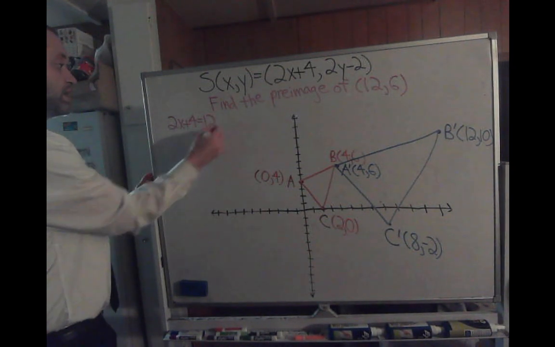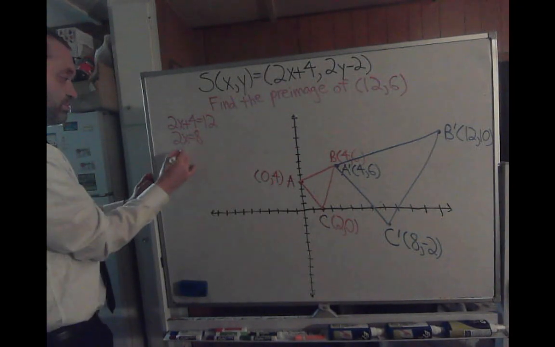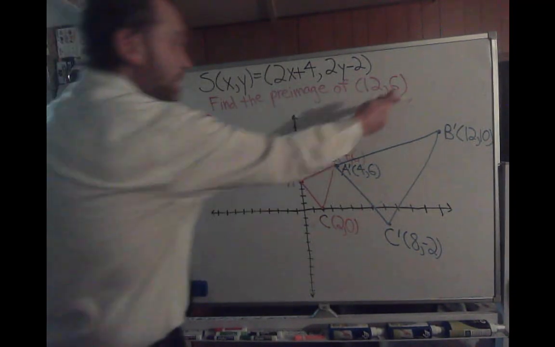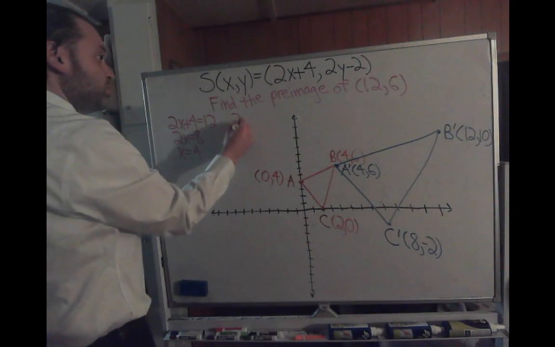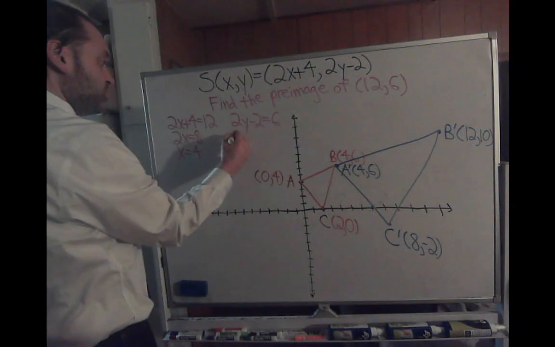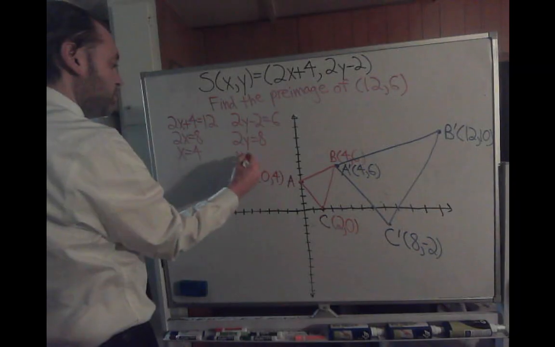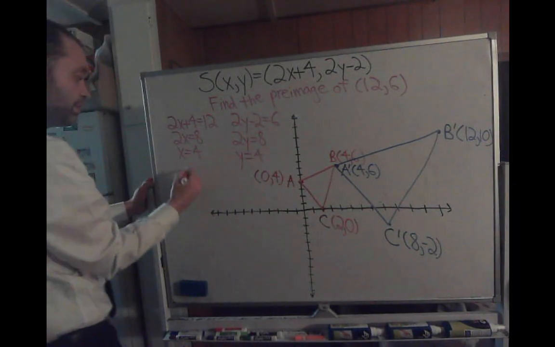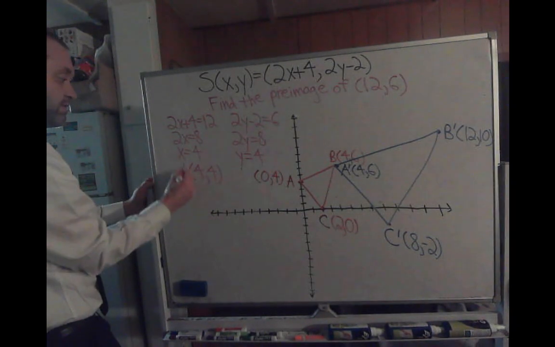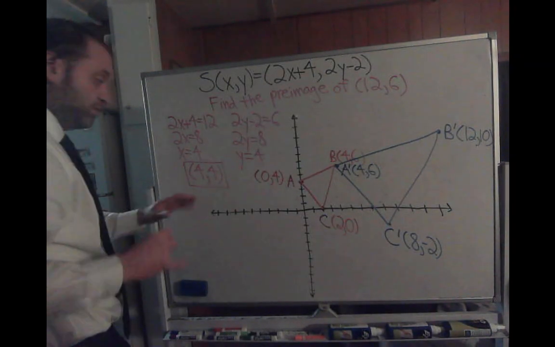Well, what's that going to give you? That's going to give you 2x equals 8, which means that x equals 4. And then take your y coordinate of 6, set that 2y minus 2 equal to 6, which would give you 2y equals 8, which means that y also equals 4. So the preimage of 12, 6 would in fact be 4, 4.